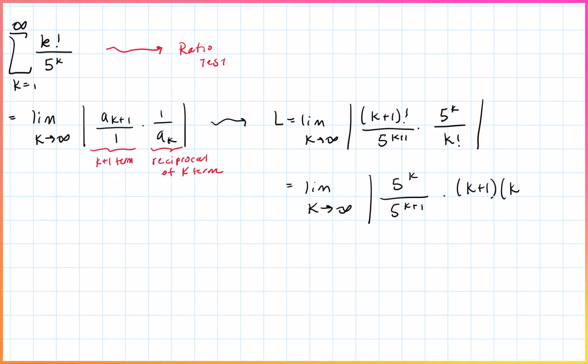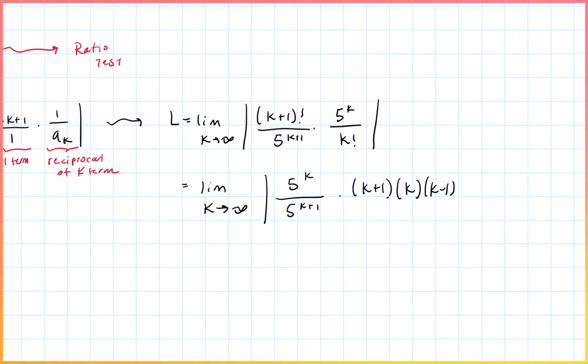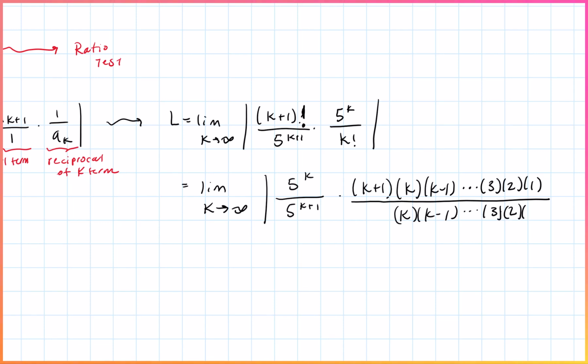Just remember how we define factorials. The factorial, the exclamation mark, the bang, (k+1)! is equal to k plus 1 factors where they descend by 1 each time. So (k+1) times k times (k-1), all the way down to 3 times 2 times 1. And k! is, of course, k times (k-1), all the way down to 3, 2, and 1.